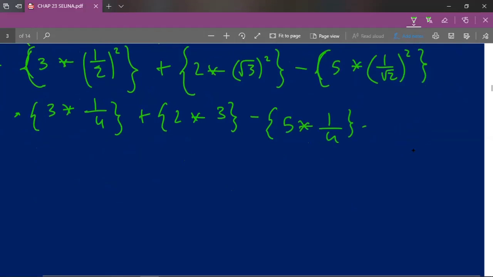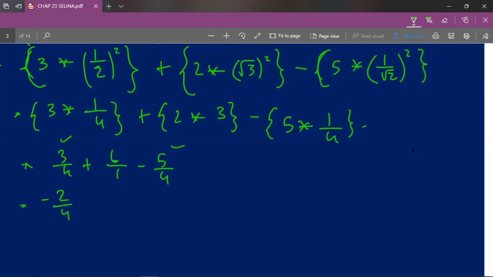So by further dividing this statement, we get 3 upon 4 plus 2 3s are 6 upon 1, because 6 can also be written as 6 upon 1, minus 5 upon 4. In these fractions our denominators are equal, so no need to find the LCM. So therefore minus 5 plus 3 will be equal to minus 2 upon 4.